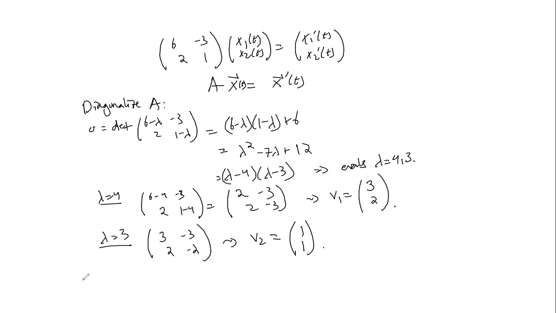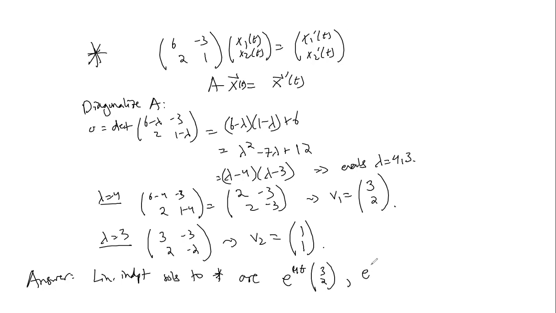Okay, and so the answer essentially is that linearly independent solutions to this system of differential equations are e to the 4t times our eigenvector and e to the 3t times our other eigenvector.